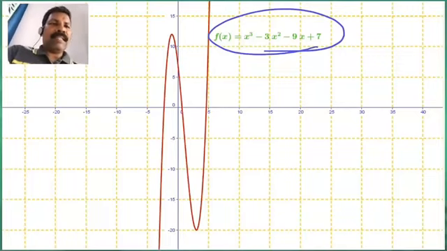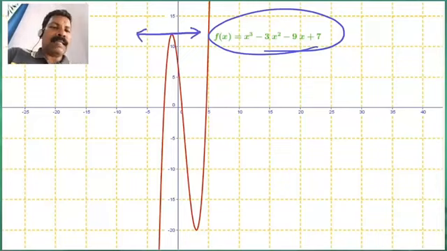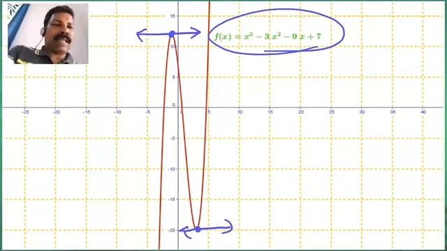And here the requirement is that there are points on the curve at which the tangent is parallel to the x-axis, like this. Means we have to find this point and this point. Tangents are parallel to the x-axis at those points.